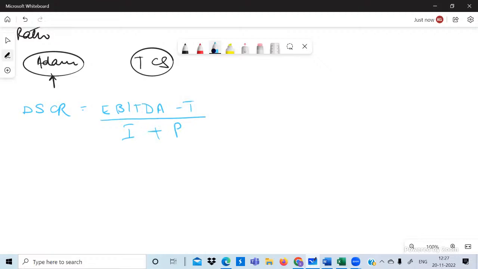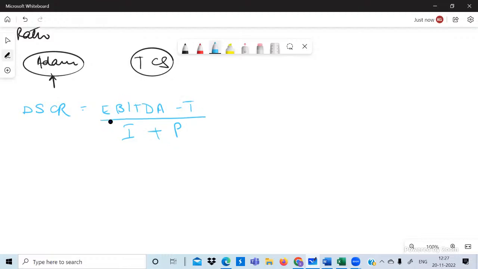EBITDA is earnings before interest, tax, depreciation, and amortization. From this, you'll reduce the tax and then divide it by the interest and the principal component for the year. First thing, why do I take EBITDA minus tax?